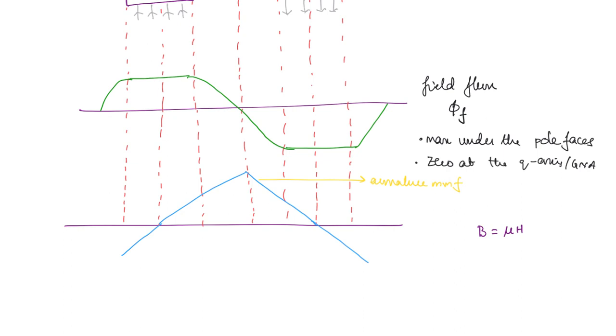Overall, the resultant you can take something like this. It will keep on increasing till the pole is present. When the air gap starts, it will start reducing. Similarly here, it is going to increase till the pole is present, and then it is going to decrease. So this is the way in which the armature flux is going to vary.